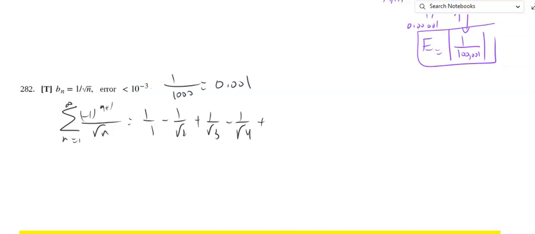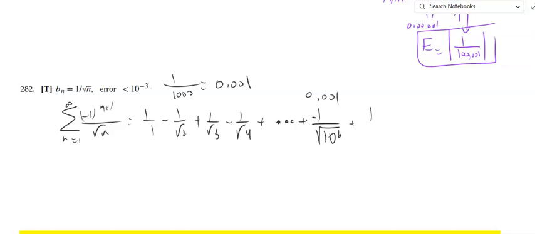Well, if this list goes on, to get 1 over 1,000, I must substitute 1 over 10 to the 6. 10 to the 6 is 0.001 because the square root of that is 10 cubed. Now, is it positive or negative? If you put in 1,000, that's going to be negative.